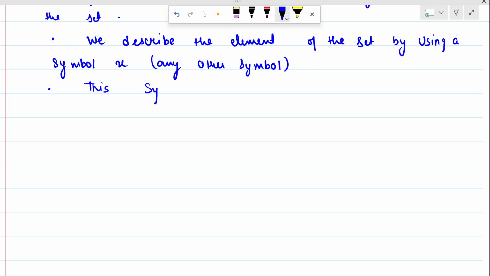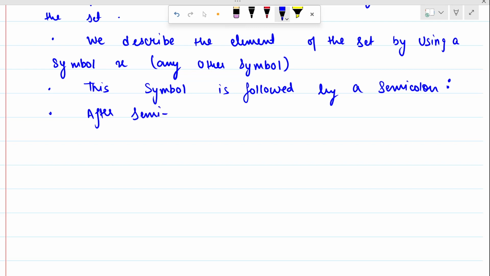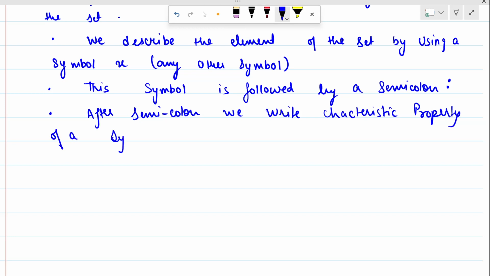Then after the semicolon we write the characteristic property of a symbol.